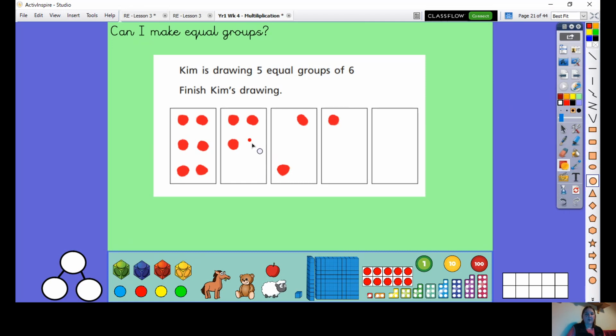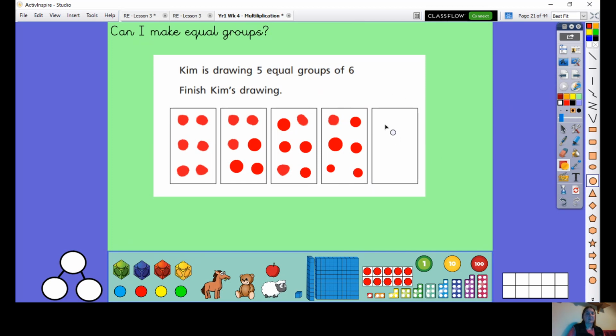Okay, so we've got 1, 2, 3, 4, 5, 6. So that's now got 6. This has got 1, 2, 3, 4, 5, 6. This has only got 1 in it, so I'm going to count on, 1, 2, 3, 4, 5, 6.